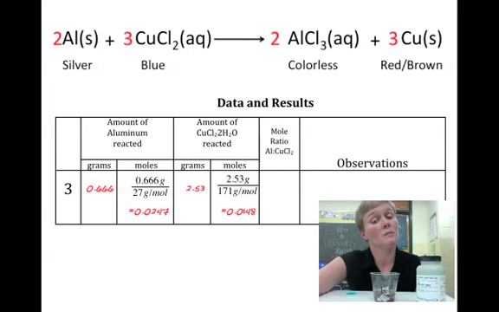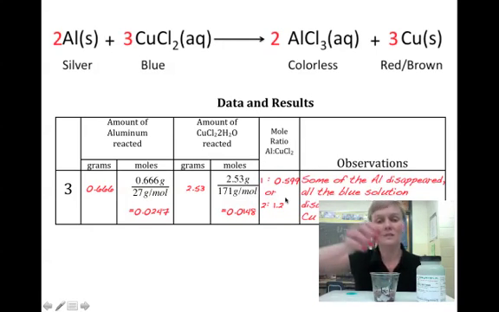Same amount of copper chloride, 0.0148. So our mole ratio this time is 1 to 0.599, or 2 to 1.2. Now remember, we need 3 moles of copper chloride for every 2 moles of aluminum. So we only have 1.2 for every 2.